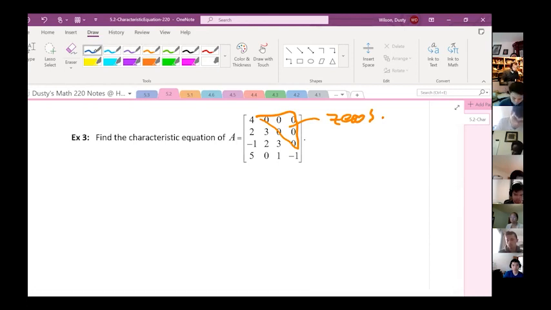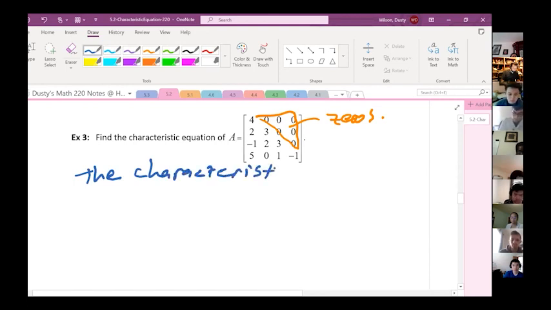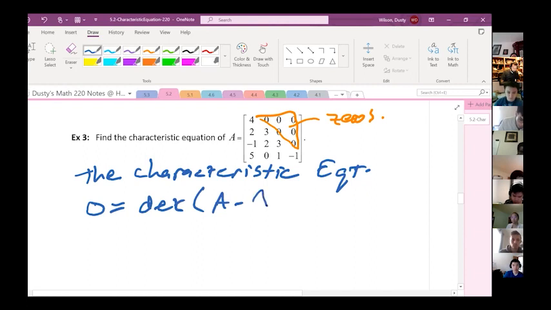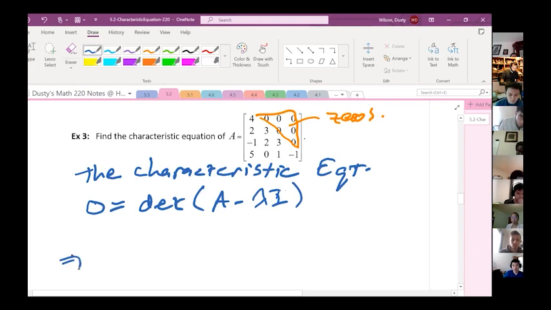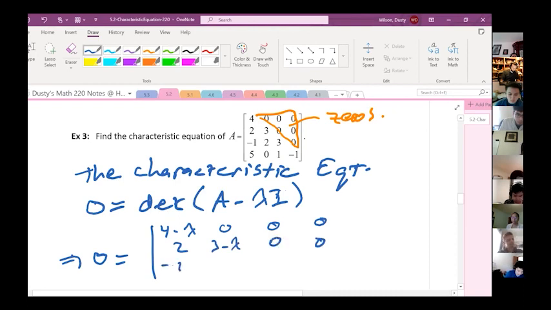So if we want to find the characteristic equation, this would be 0 equals the determinant of A minus lambda I, or 0 equals the determinant of, what do we have, 4 minus lambda, 2, 3 minus lambda, 3 minus lambda, -1 minus lambda. Something like that.